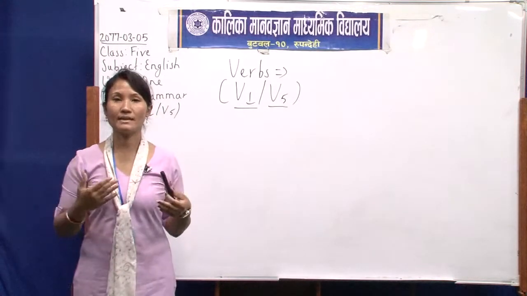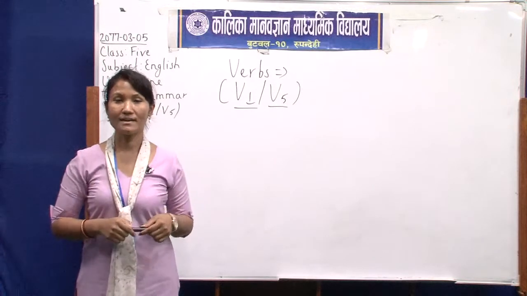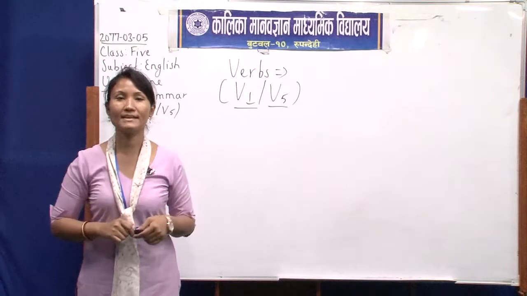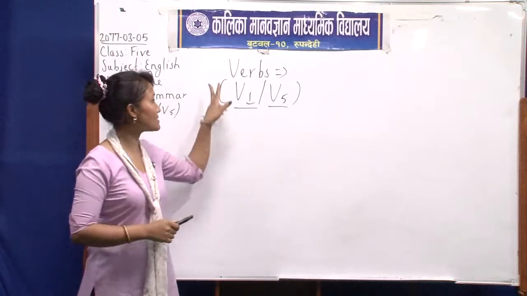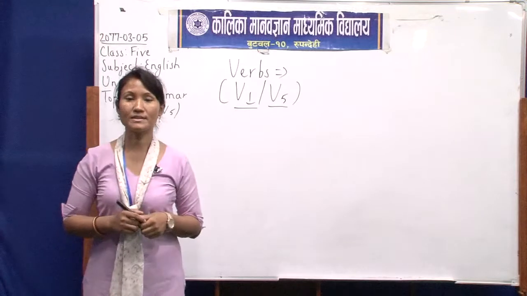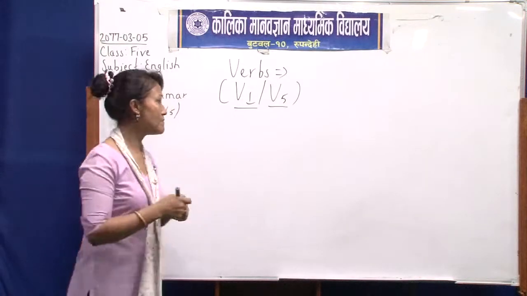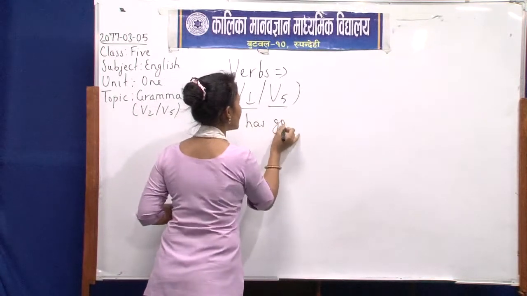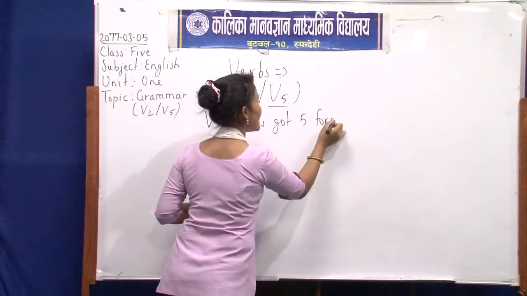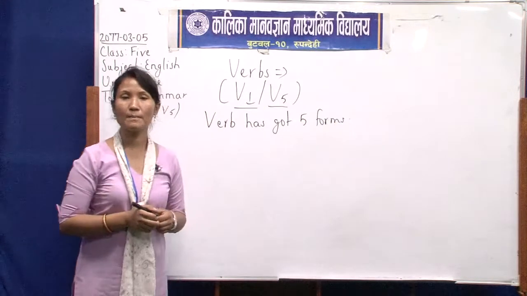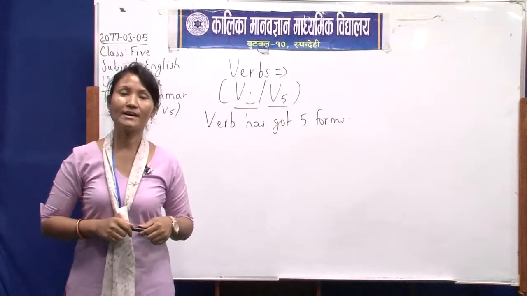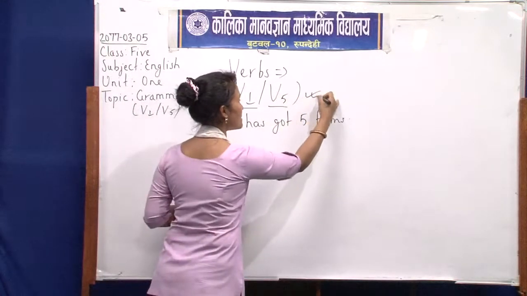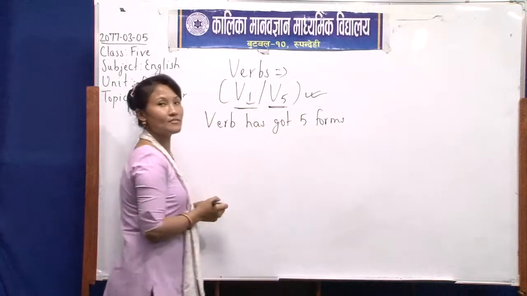You are learning. Learn is what? Verb, action word. Likewise, you are watching television. Watch is an action word, so that is a verb. And a verb has got 5 forms. What are they? Verb 1, verb 2, verb 3, verb 4 and verb 5. Among them, in today's class we will be learning only verb 1 and verb 5.